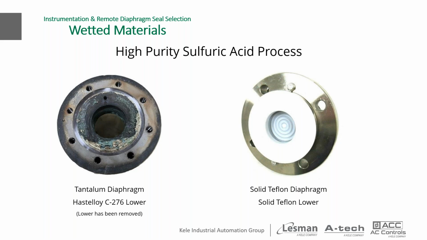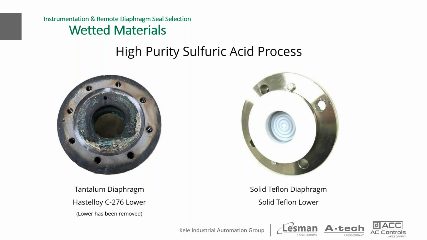The photo on the left is from one of our larger customers, and they have a lot of very aggressive chemicals at their plant. This particular application involved using a large diaphragm flanged offline seal to measure sulfuric acid pressure.